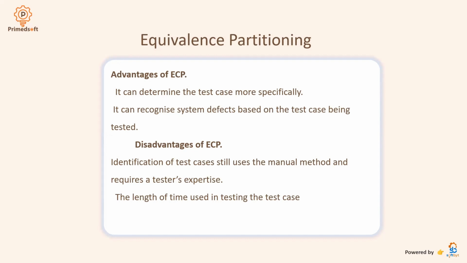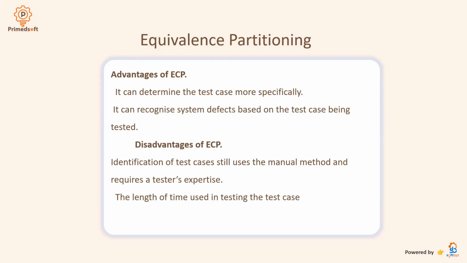The next one is that it can recognize system defects based on the test cases being tested. Because it helps you to determine the test cases, it can identify defects based on the test case you are using. Let's say you are using any number between 16 and 60, which is, let's say, 20.